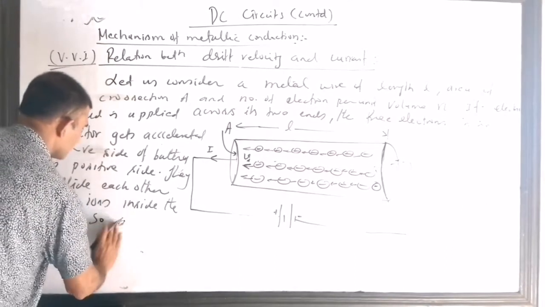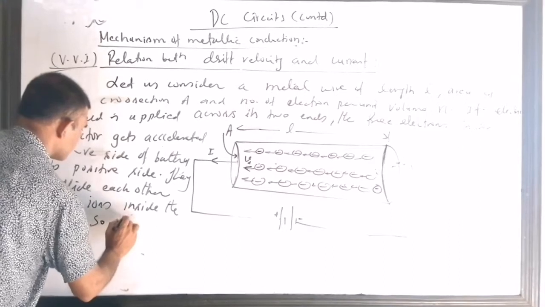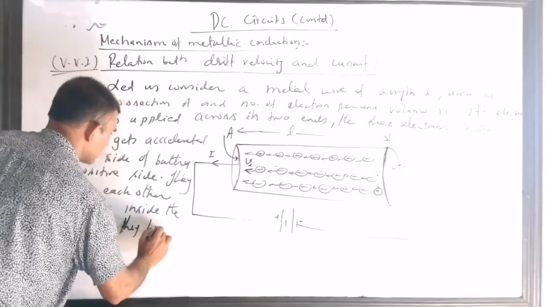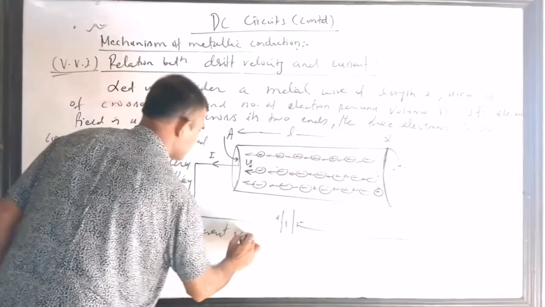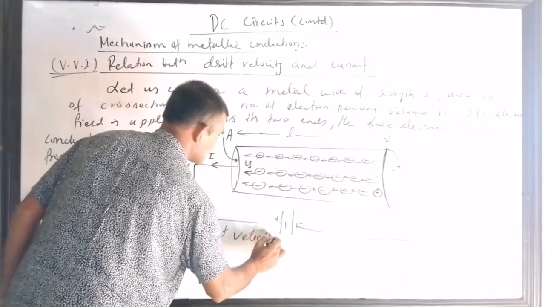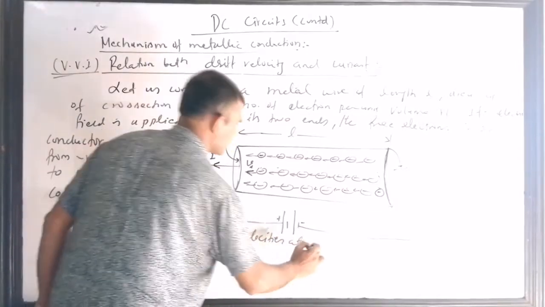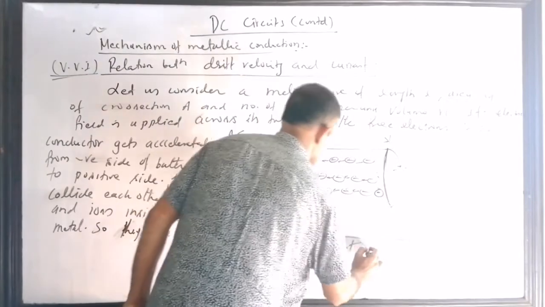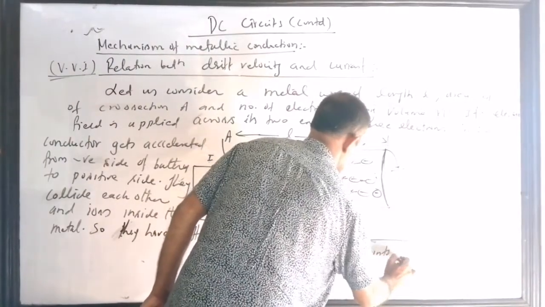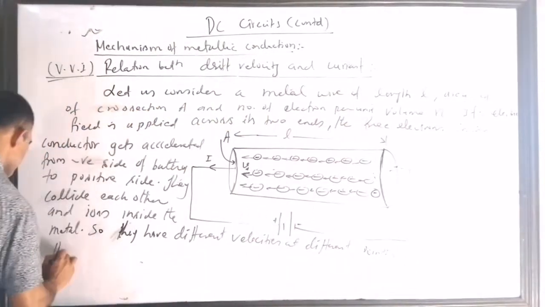So they have different velocities at different points of the conductor.